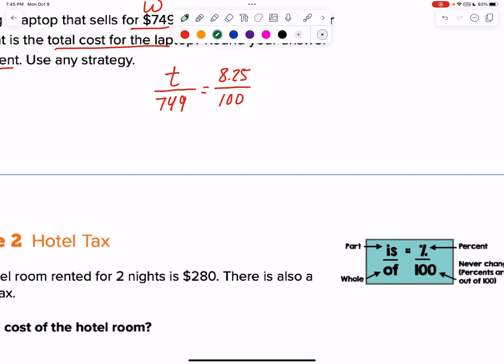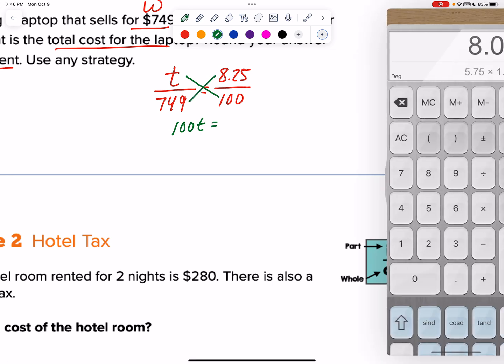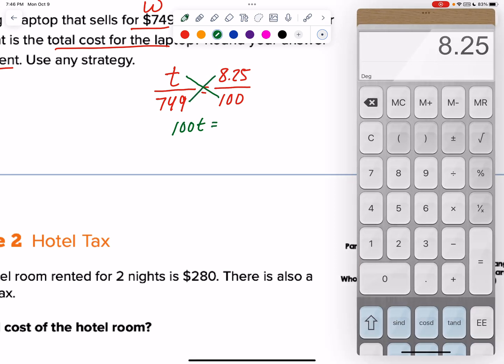And then let's go ahead and use our cross multiplying to solve this out. Okay, so we have 100t equals, and then multiply our others. So we have 8.25 times 749, and we have 6,179.25. And then we're going to go ahead and isolate the variable.